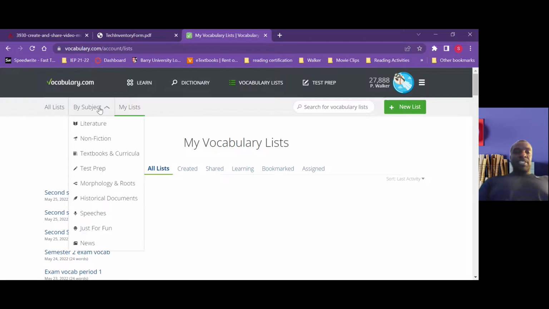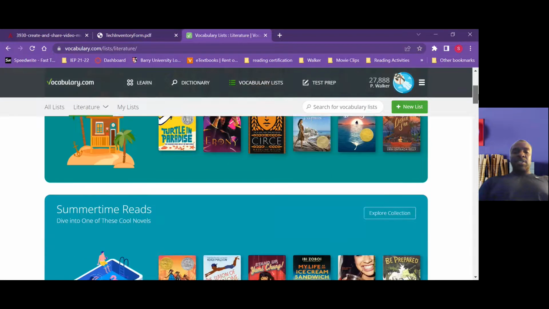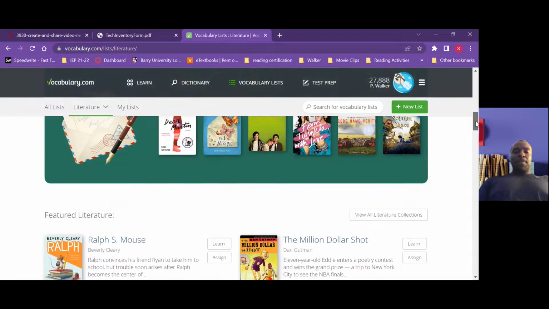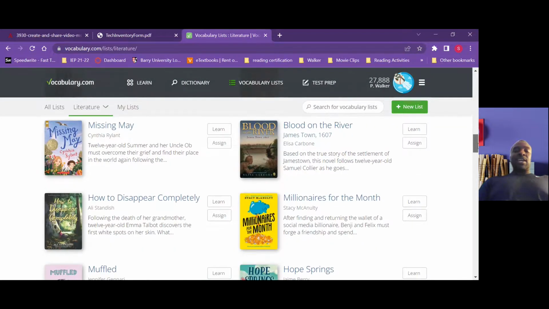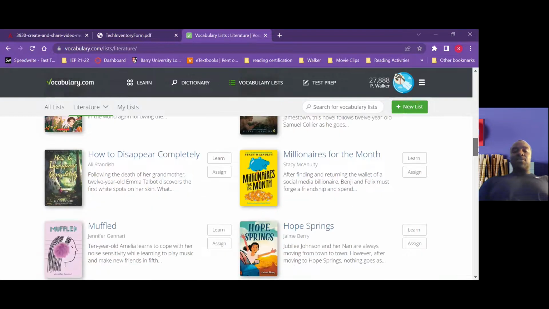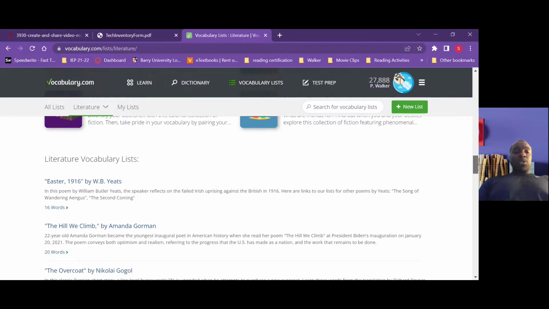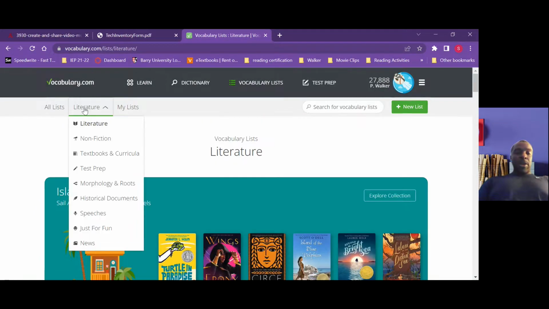But if you're reading a literature book or nonfiction, all these books have vocabulary that goes along with it. And basically, you can use that vocabulary as your vocabulary from the book while you're reading the book. So it's like an enrichment. Or you can give them the vocabulary before they read the book so that they know what they're up against.